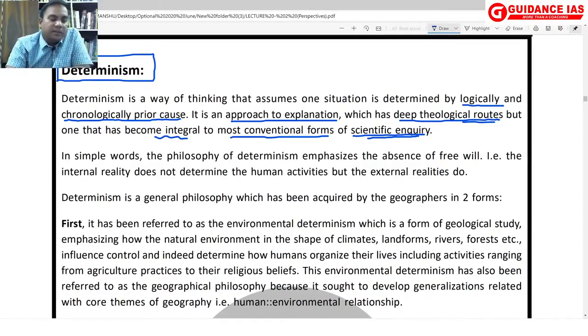In simple words, the philosophy of determinism emphasizes the absence of free will. That is, internal reality does not determine human activities, but the external realities do. ठीक है?